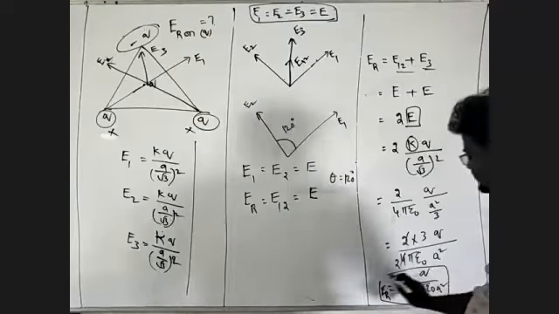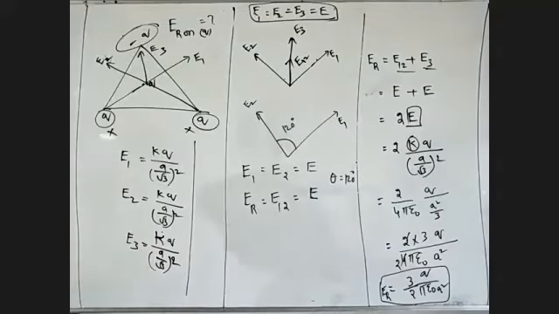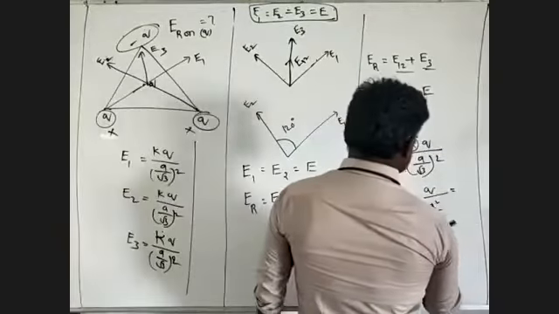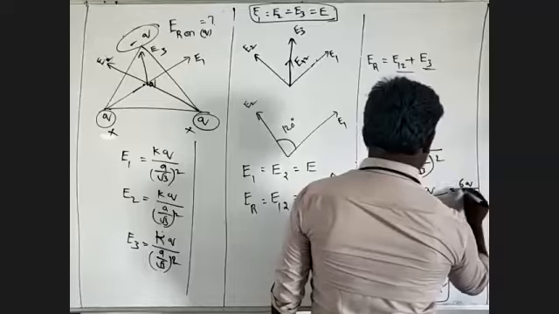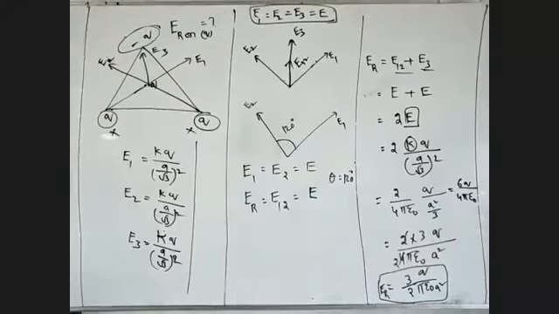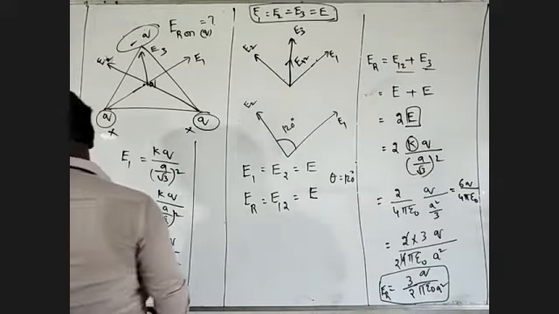The resultant electric field is acting on the centroid. Now that is your answer. Next, square.